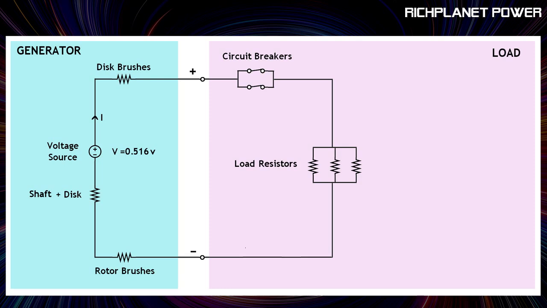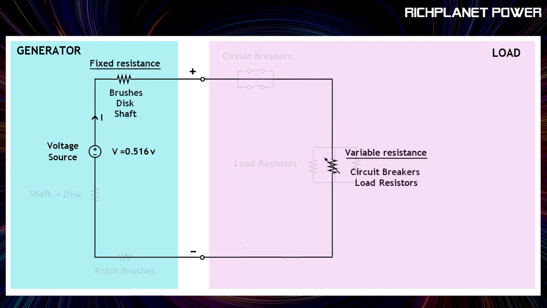We can simplify this circuit into the fixed resistances, i.e. the shaft, disc and brushes, and the variable resistances, i.e. the circuit breakers and the load resistance. So we effectively have a circuit with two resistors in series, and one of these resistors can be varied. The resistance is varied by adding or removing load resistors in the load bank.